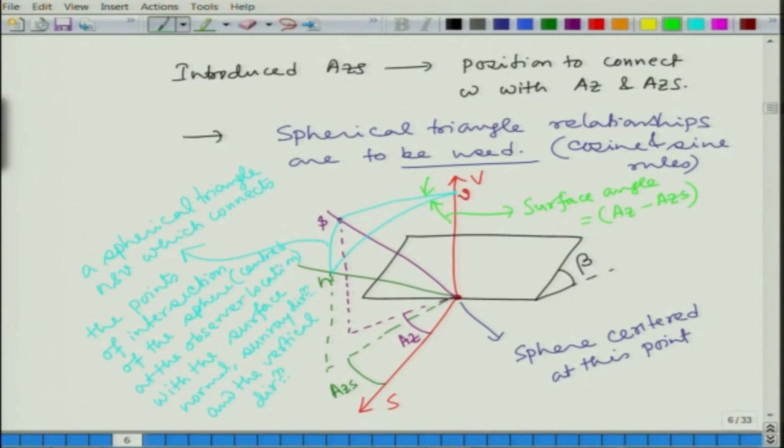Make sure you understand that it is the difference between the solar azimuth angle and the surface azimuth angle.